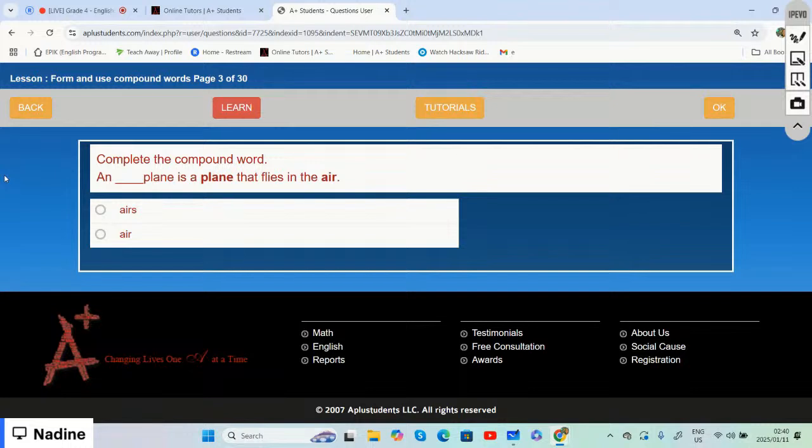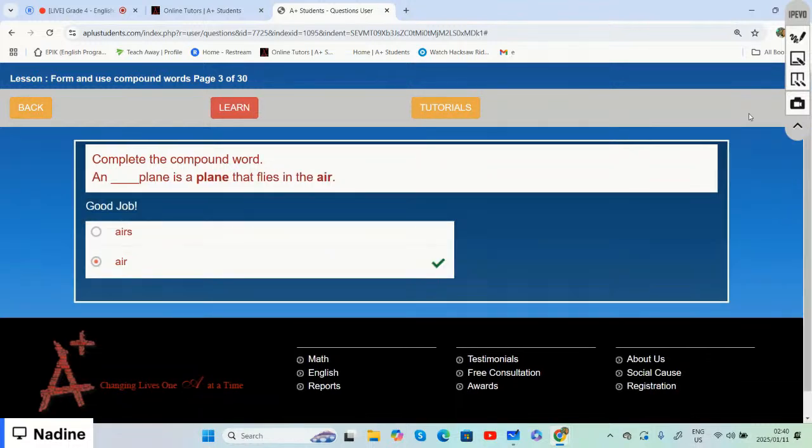And if we were to choose the correct option, then yes, we will say it is an airplane, because an airplane is a plane that flies in the air. An airplane. So it's option two. Well done.